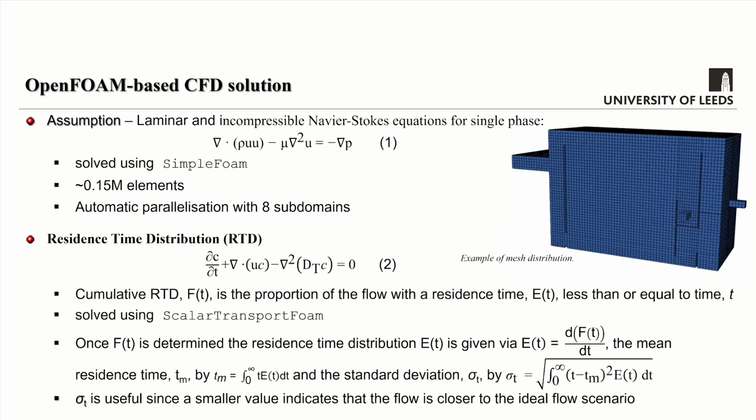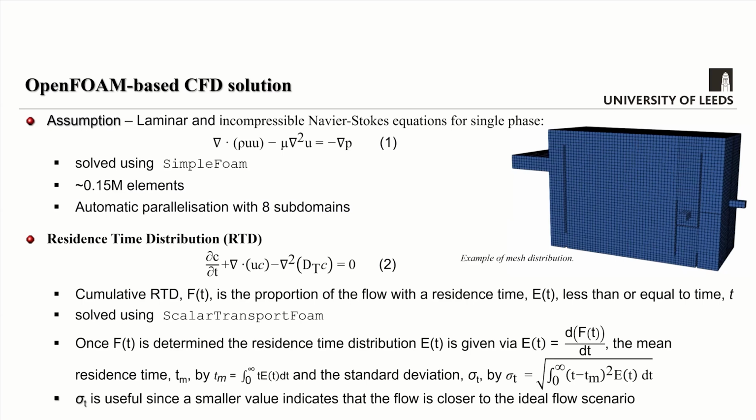What we'll do is, at the inlet, we use the velocity field and put some tracer, and you will see how long it takes for the tracer to go in and out at the aqueous outlet. So the idea of using a residence time distribution, F(t), is the proportion of flow at a certain time which is actually inside the system.